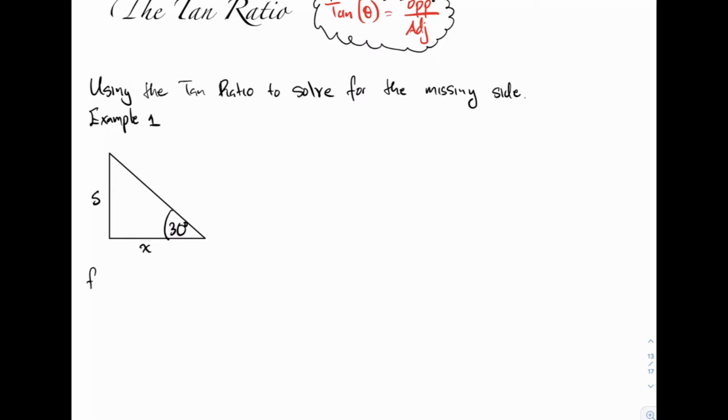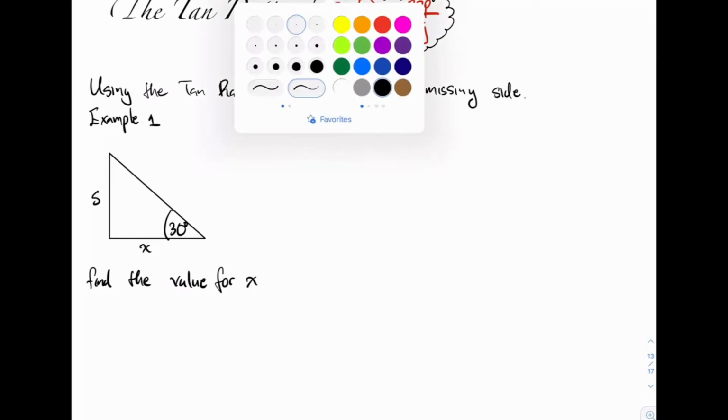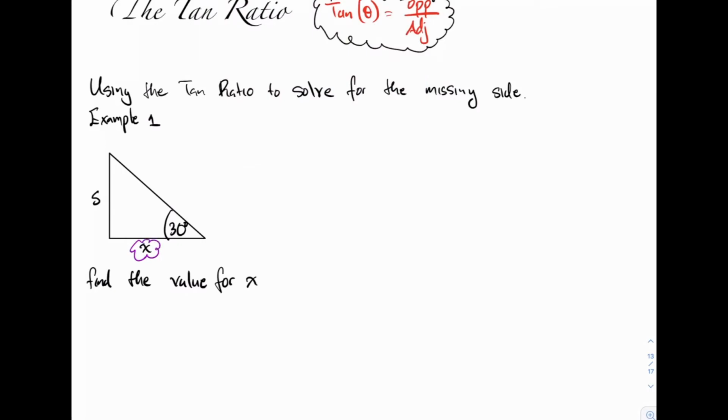Note that here x is the adjacent side, and 5 is the opposite side. Notice the hypotenuse is missing, but we're not interested in finding the hypotenuse.